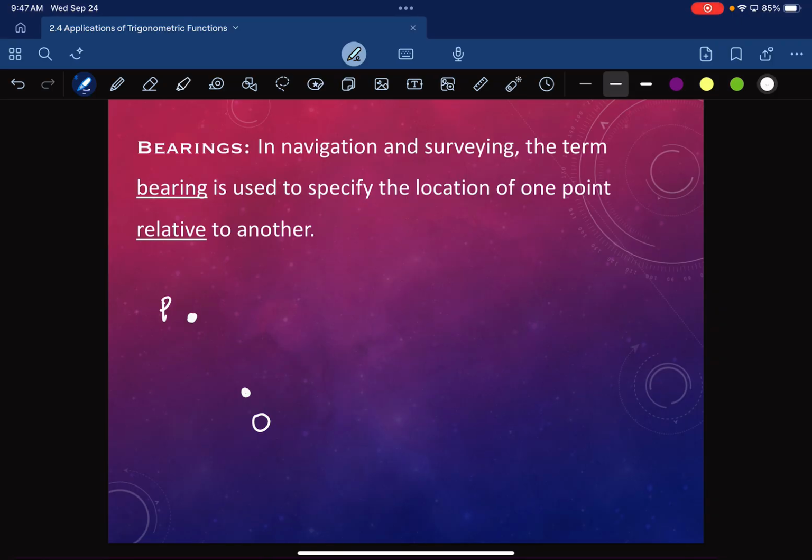There's a directional space that goes between them if you're trying to go from point O to point P. The way that we describe this is in terms of east, west, north, south kind of directions. So we measure how far O is from north.